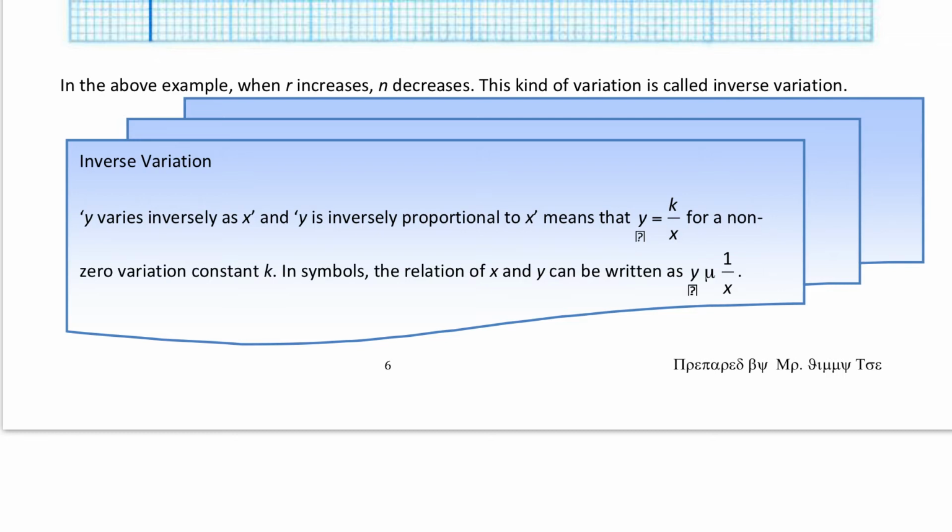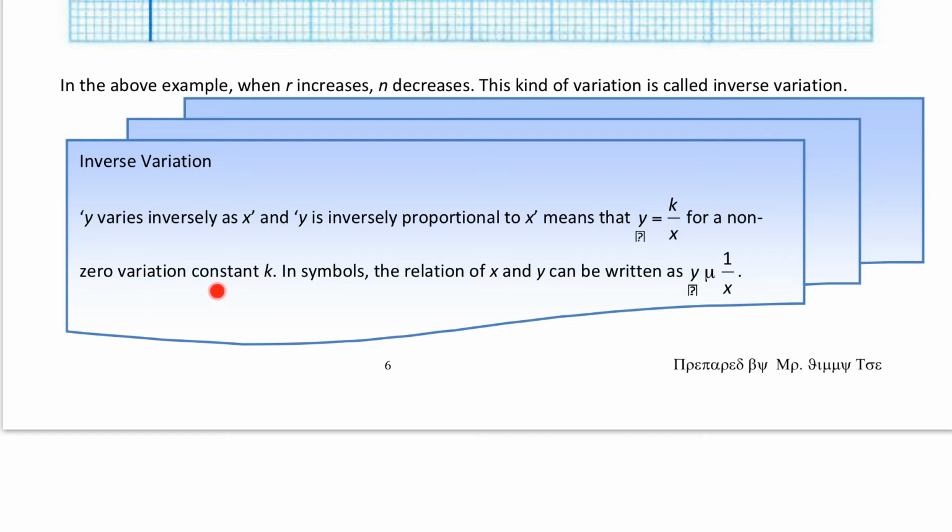Then how can we describe the relationship if they are inverse variations? We say y varies inversely as x, or y is inversely proportional to x. The meaning is that y times x is equal to a constant, so y is equal to k over x, because this is inverse to x, so x will be the denominator.